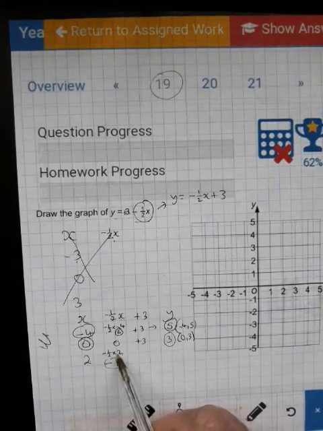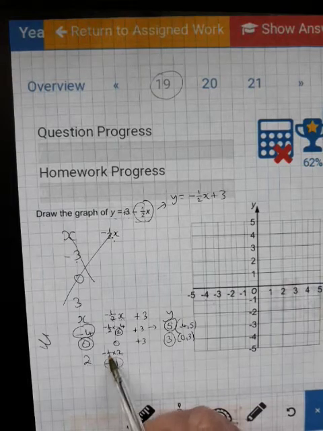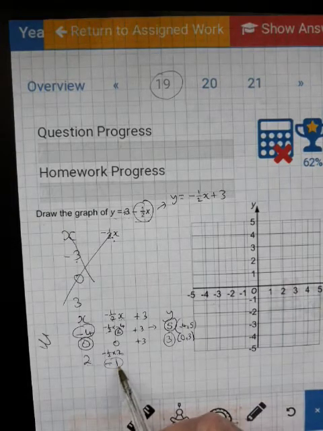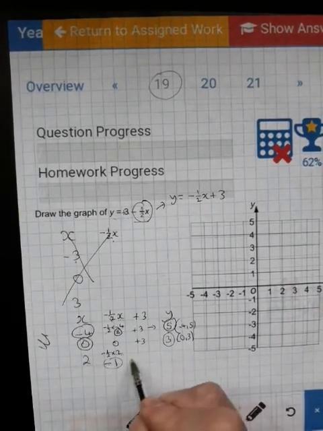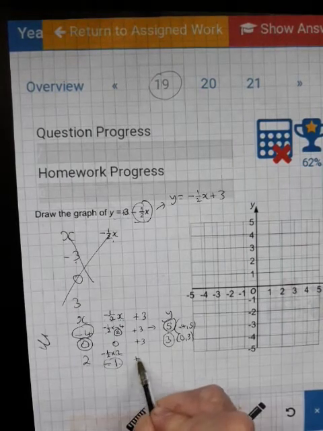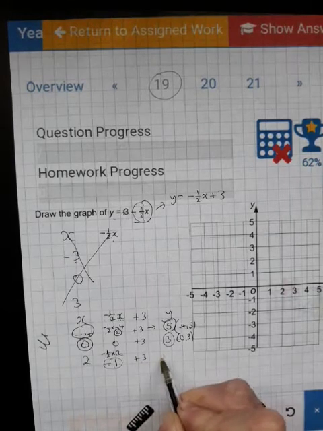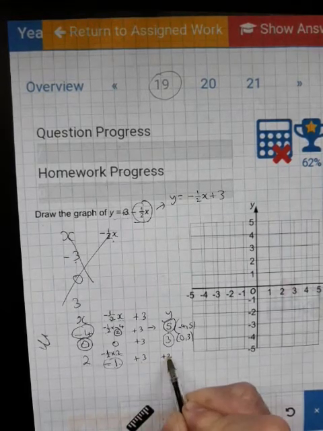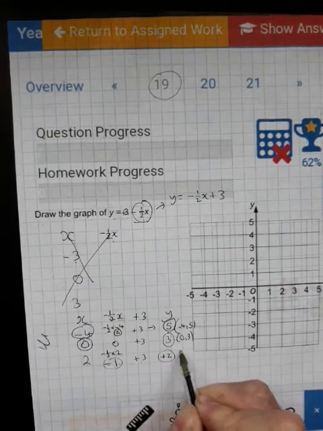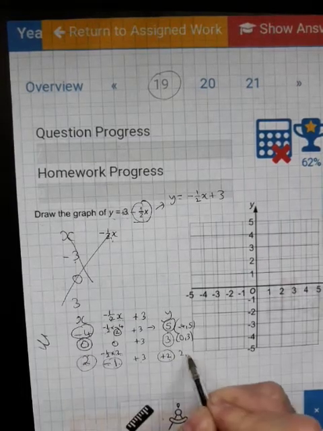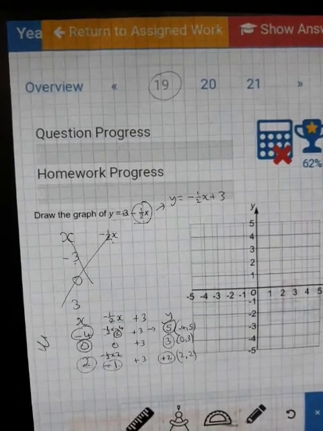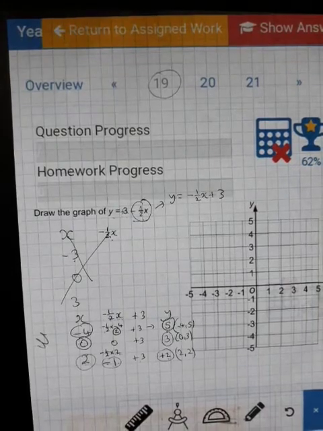A negative times a positive is a negative. Half of 2 is equal to 1. So we've got negative 1 here, plus 3. Negative 1 plus 3 is positive 2. So the final pair is 2 for x and 2 for y. We've got 2, 2.